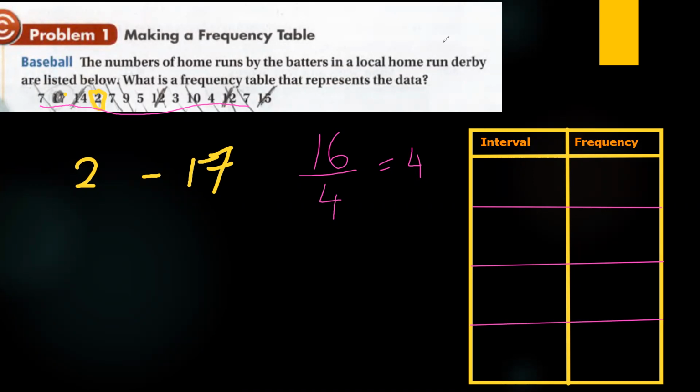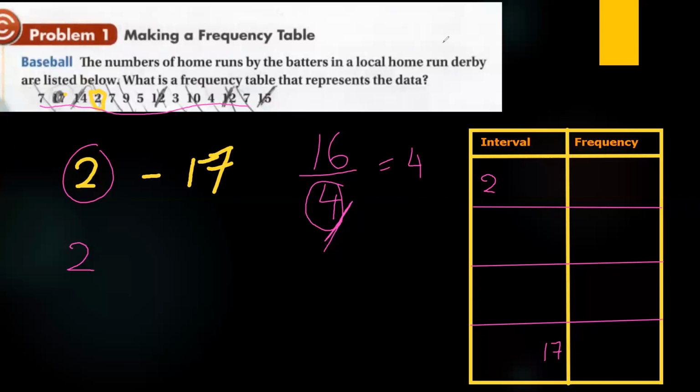I want now to write the interval. To write the interval, the length of each interval is 4. So you have to start from 2, which is the first number, and end with 17, or sometimes you can end with 18 if you need.